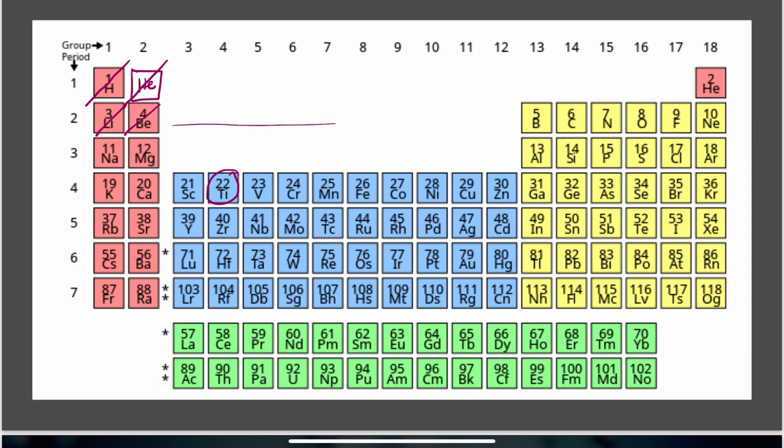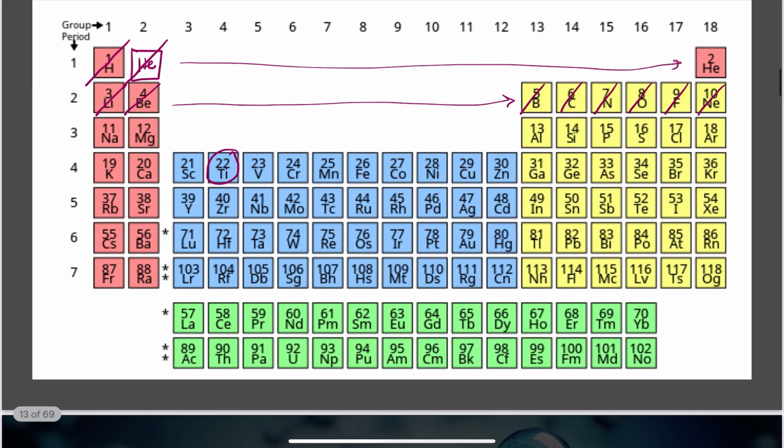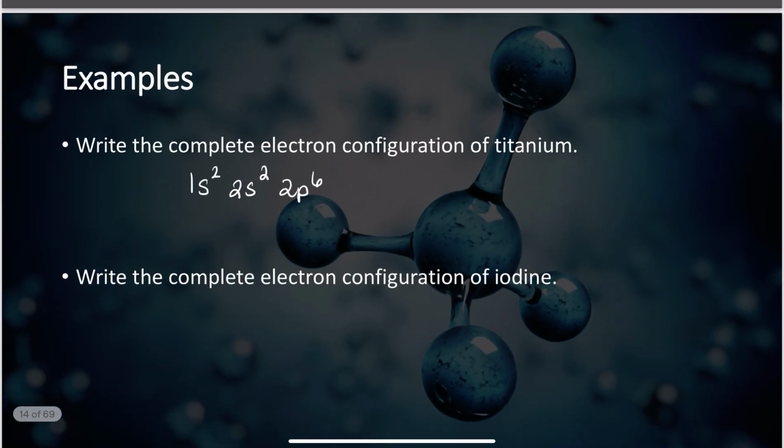Now I'm going to go across the table because now the p block has shown up. So 2p1, 2p2, 2p3, 2p4, 2p5, 2p6, but still no titanium. I go to the next row. 3s1, 3s2, no titanium.